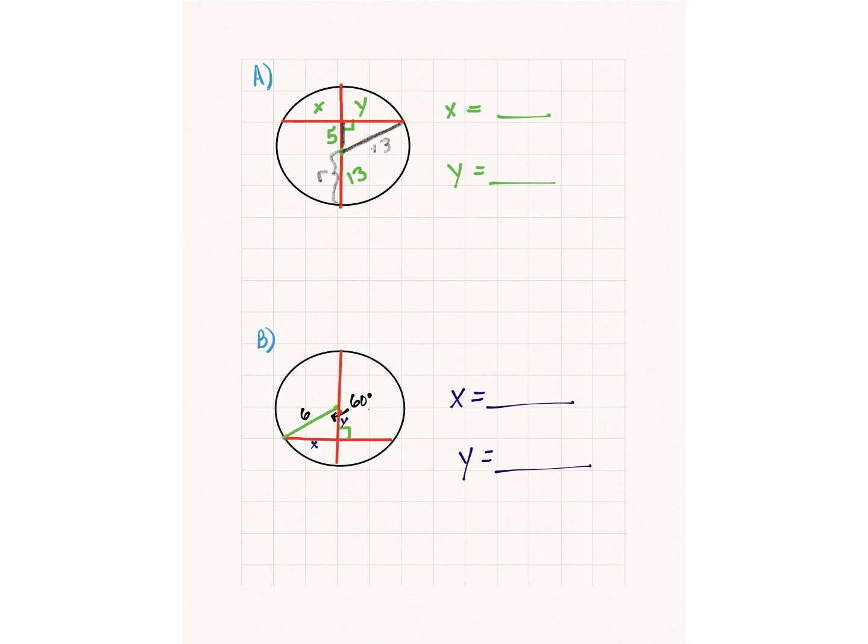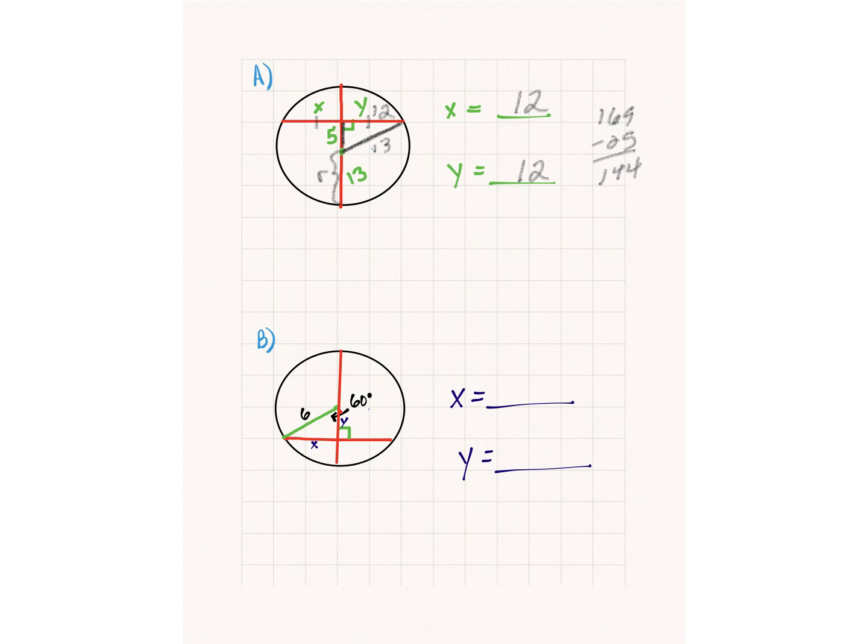I can use the Pythagorean theorem: 169 minus 25 gives me 144, so y is 12. Now I had that theorem that says if the diameter is perpendicular to the chord, then it bisects that chord. So that means x is also 12. I hope you got that one.